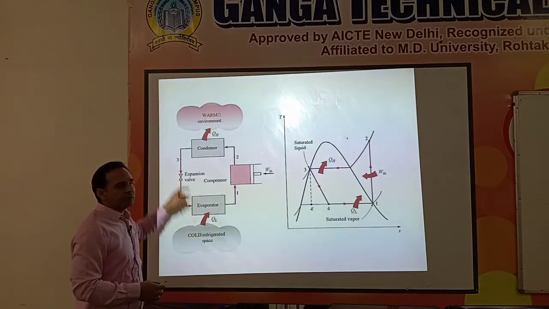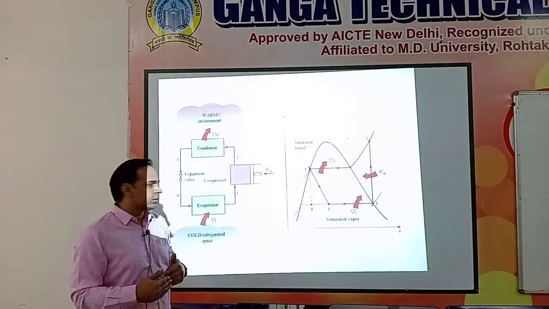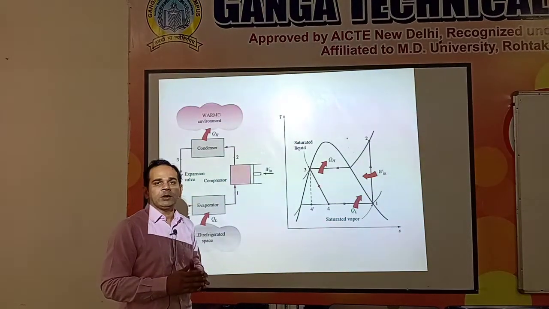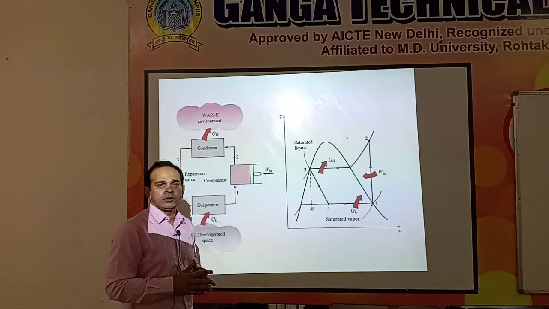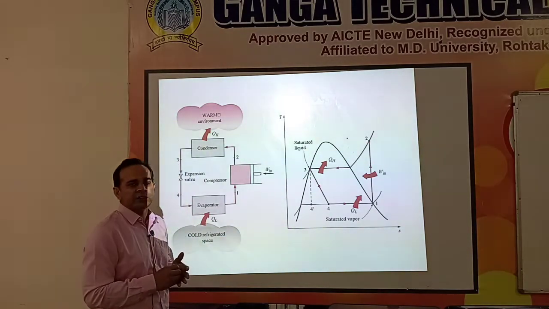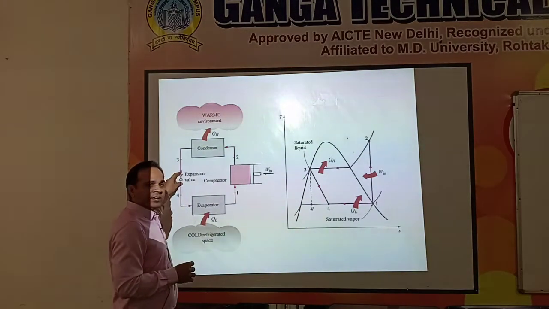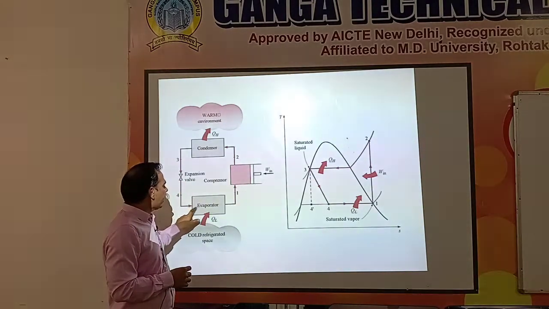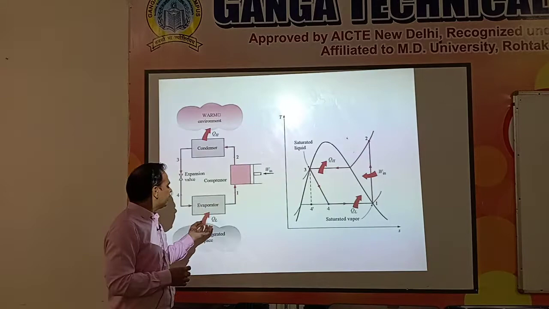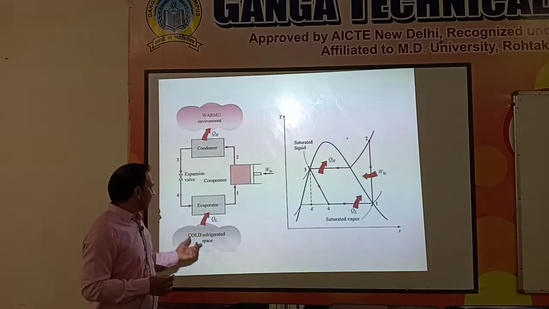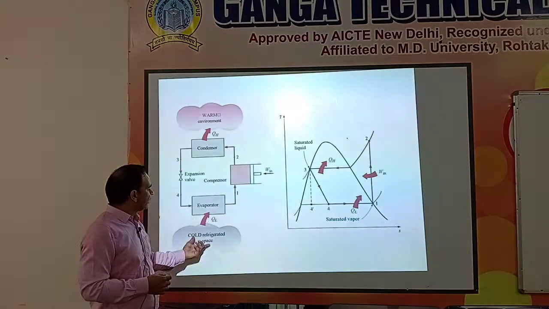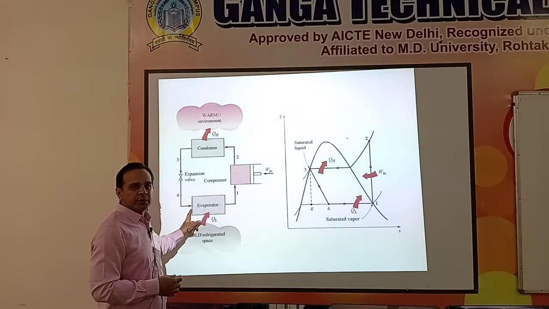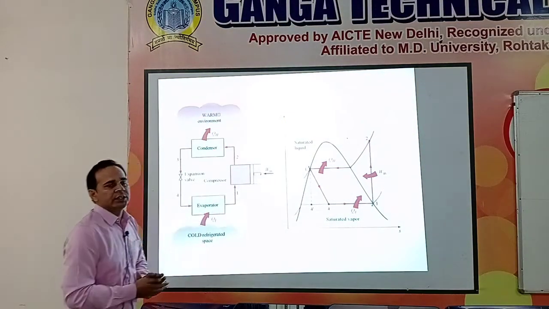In the expansion valve, the process called throttling will take place, and during throttling the enthalpy of the refrigerant will remain constant. That means the total energy in the refrigerant will remain constant. Then this refrigerant will pass through the evaporator, where it will gain heat from the cold refrigerator space. It will change its phase from liquid plus vapor to vapor state.